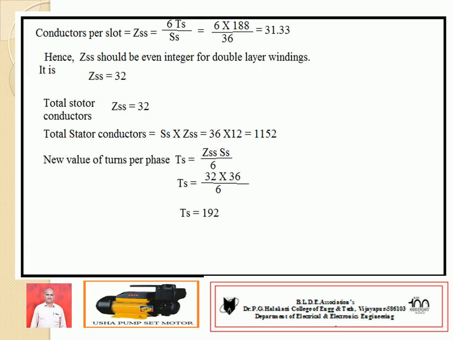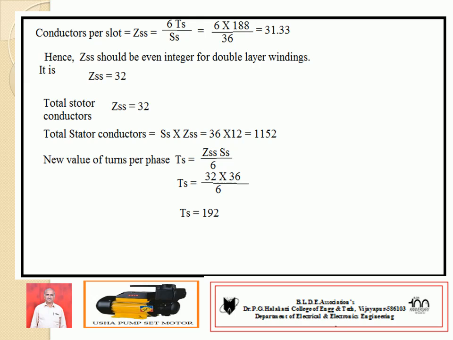The conductors per slot should be an even integer for double layer winding. Hence, final selection is 32. ZSS equal to, make the even integer, 32. Hence, as per this consideration, total stator conductors becomes SS into ZSS, which gives 1152.